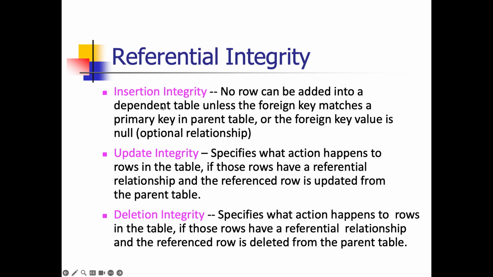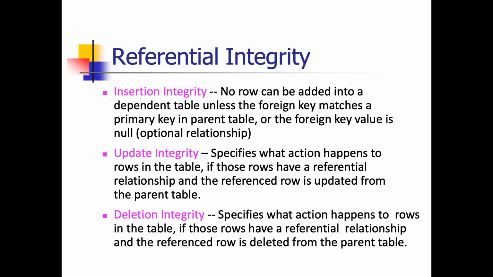For the referential integrity that I'm going to explain today, we have three types. It's mainly about what happens if you delete, update, or insert a column that is a foreign key. Foreign keys are the common column between two tables that are related to each other.